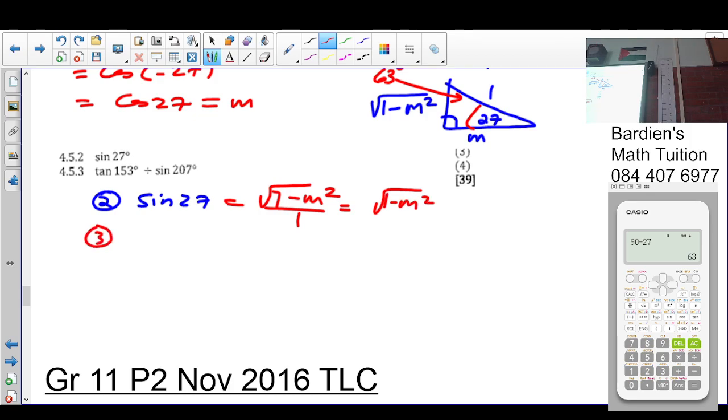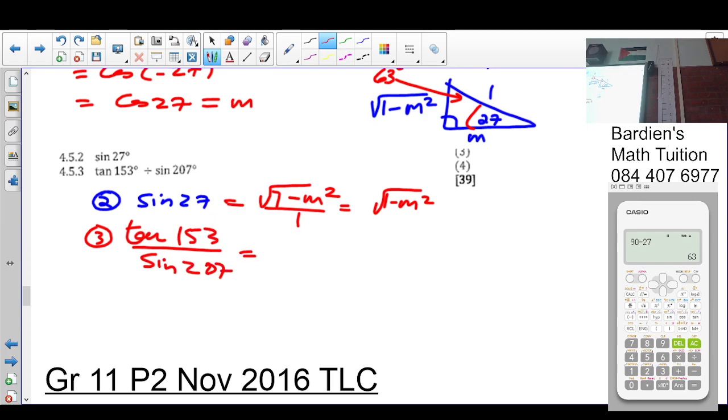Number 3, the other one to know: tan 153 divided by sine 207. So it's tan 153 over sine 207.